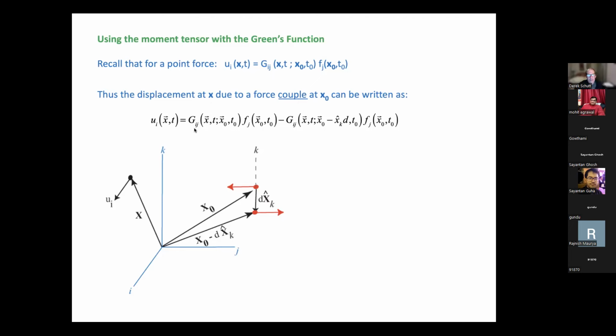So this is G sub ij at x naught, t naught, and this is G sub ij at x naught minus x of k times d. So this is the difference in the force. So here's your original force, and then here is your couple force, which is offset by x of k times d. And because it's in the opposite direction, we have a negative sign here.